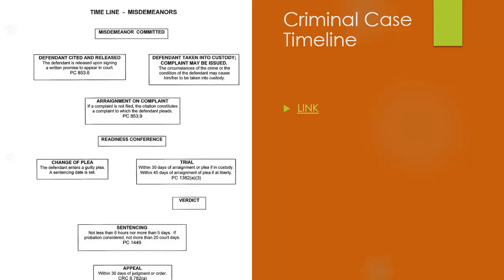It's a test that consists of multiple choice questions, but most of the questions there, a good chunk, have to do with the timelines for jury selection, or the timelines for a misdemeanor case, or other types of criminal cases or civil cases. So I've included here a link.